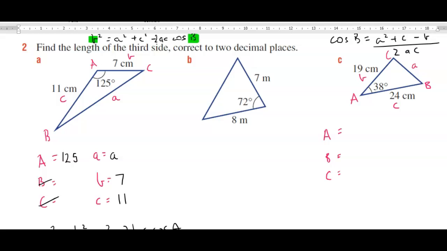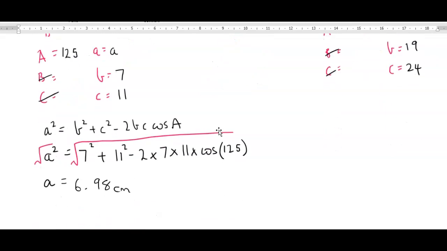This will also help you with the sine rule. So you'll notice if you watch my video on the sine rule that I labeled it like this. Okay, so A is 38, B and C we're not using. Little a is what we're looking for, so I'll label that as little a, and then B is 19, and then C is 24.